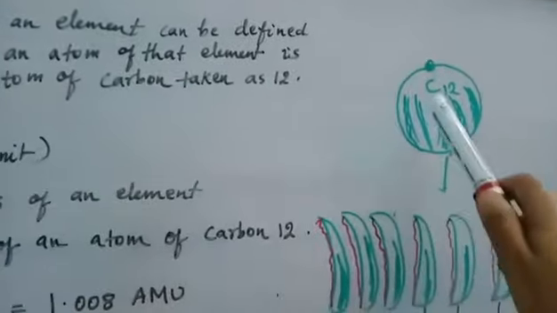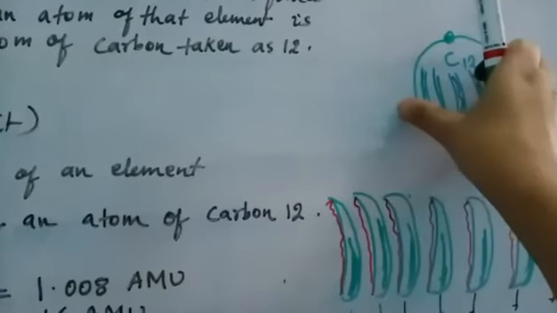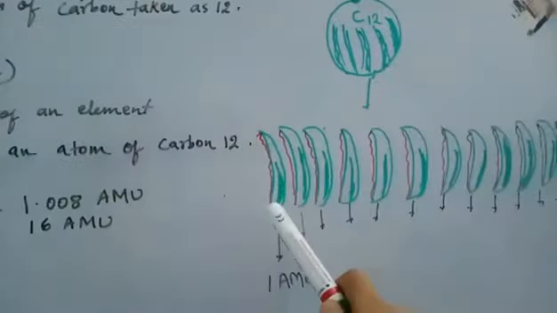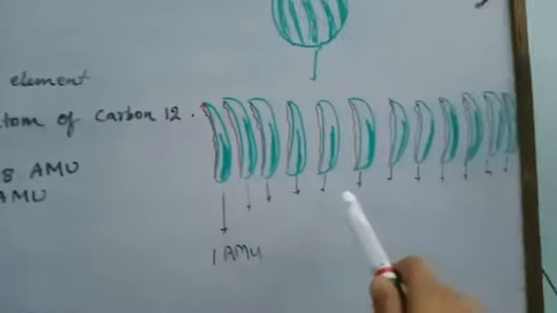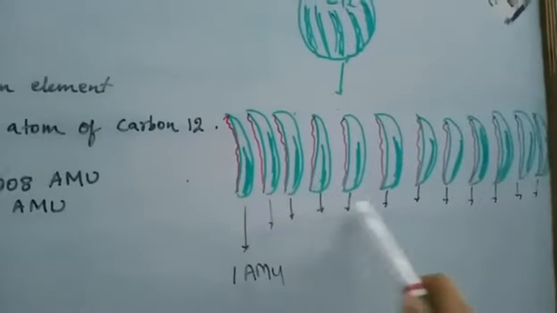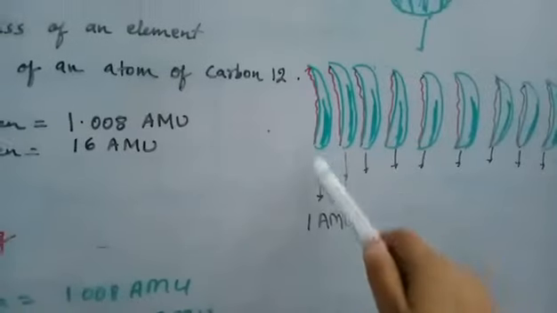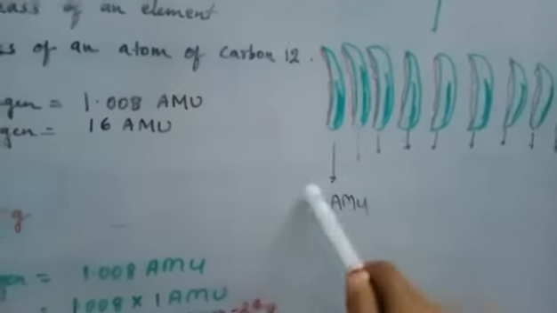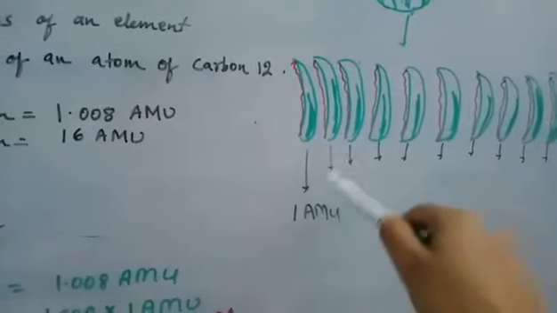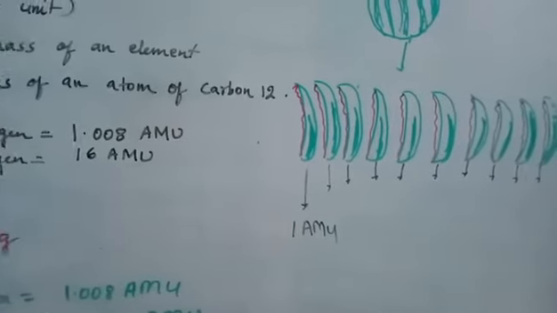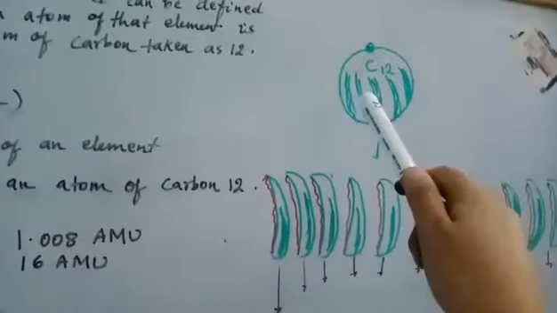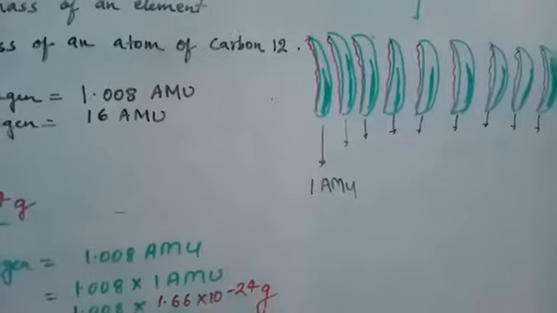If the watermelon is one atom of carbon 12, and we cut it into 12 equal pieces, then the mass of each piece is 1 AMU.